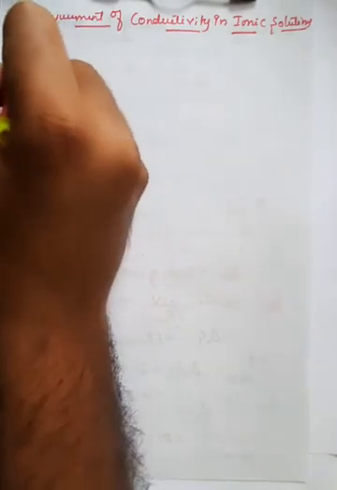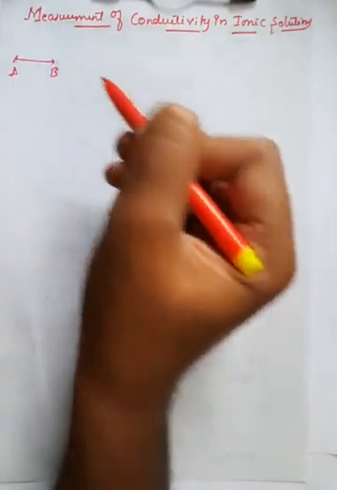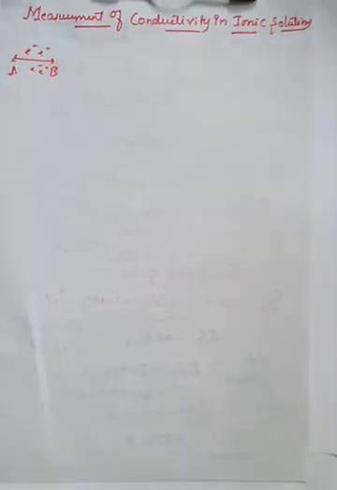Okay, in the next concept we will go for the measurement of conductivity in case of ionic solutions. Conductivity is nothing but the ability of a substance to conduct electrical current. For example, if you take a wire AB, if the number of electrons transferred through it is more, then we call it a good conductor, for example copper wire or iron wire, which has the ability to transfer electrons through its body.